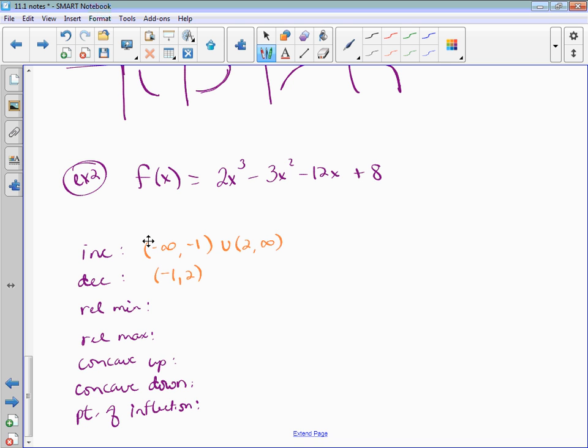You had a relative min of negative 12 at x equals 2. Don't just write the point. And your relative max was 15 at x equals -1.